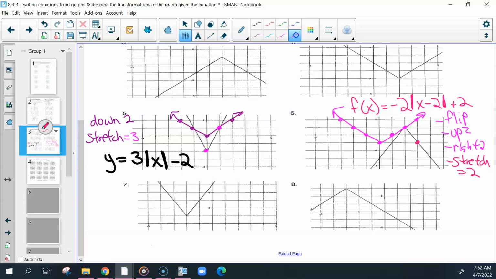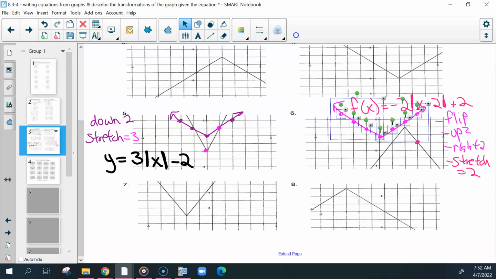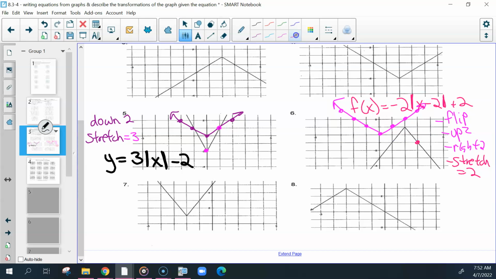Oh yeah, this is the big one. The other things I think are still up 1, right 2, flip, so 2 and 7. Yep, that's right.